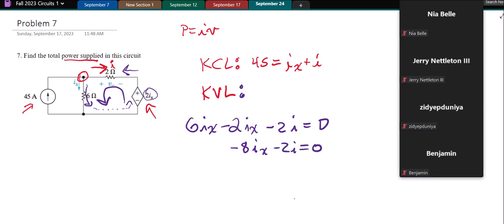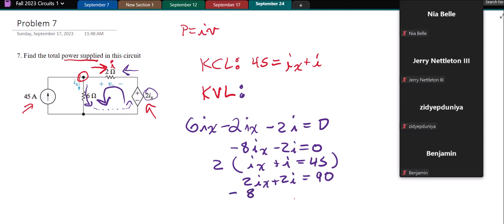I also have the equation from up above that IX plus I equals 45. I multiply this bottom equation by 2. I get 2IX plus 2I equals 90. And then I'll just stack that with the top equation up here, minus 8IX minus 2I equals 0.